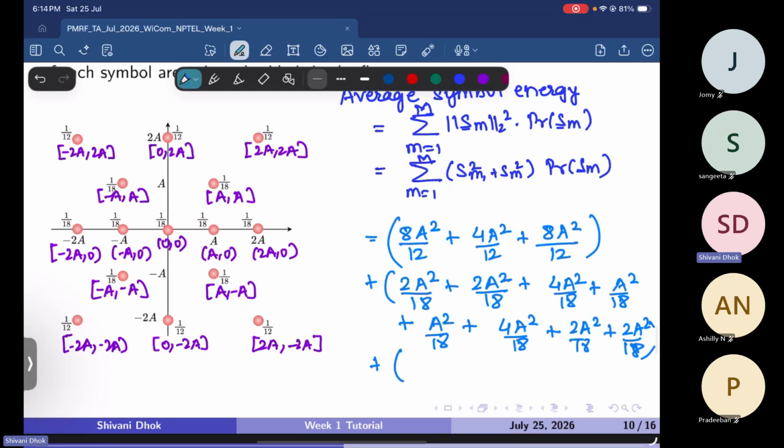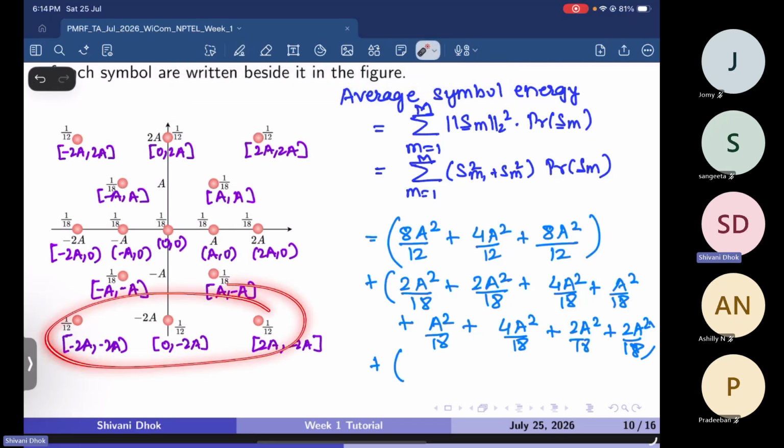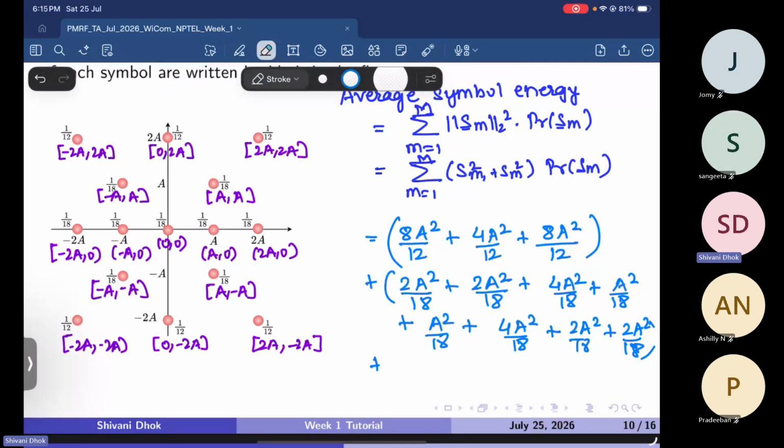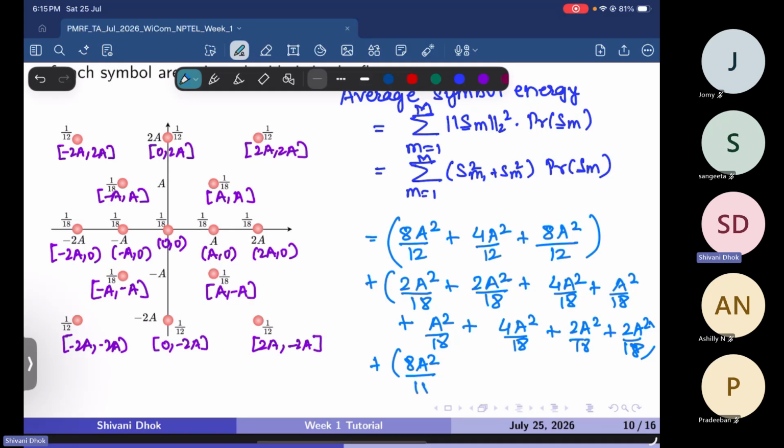Plus you have the last row, this one. This is minus 2a comma minus 2a. So this is again 8a square, 4a square plus 4a square. 8a square by 18 plus 4a square by 18. Sorry, not 18, 12. Plus 8a square by 12.